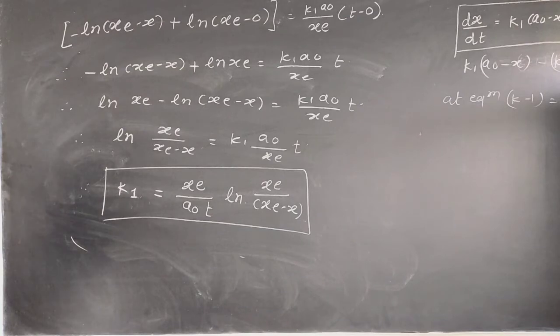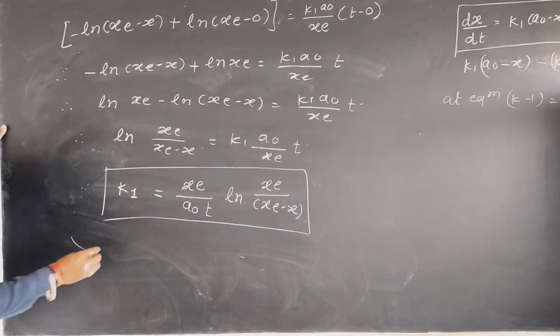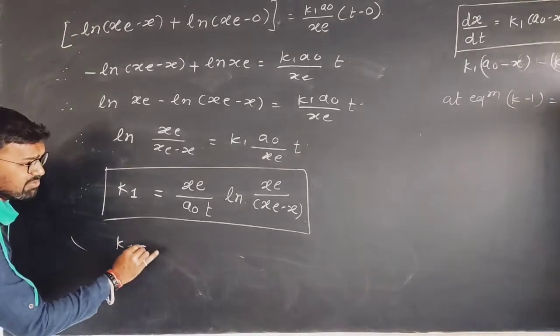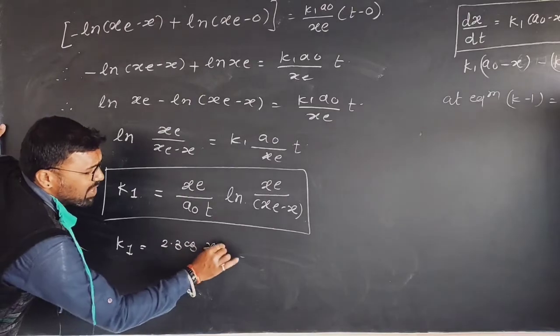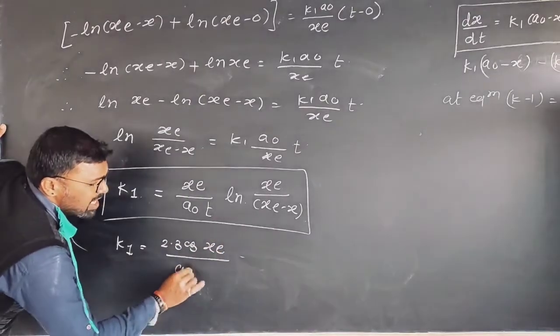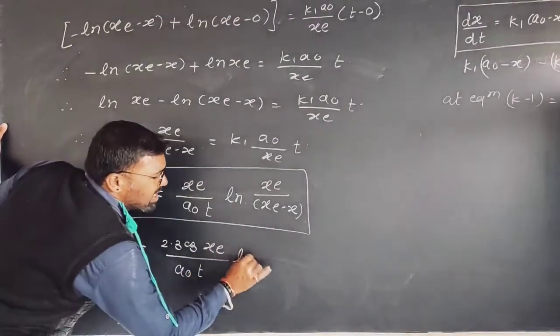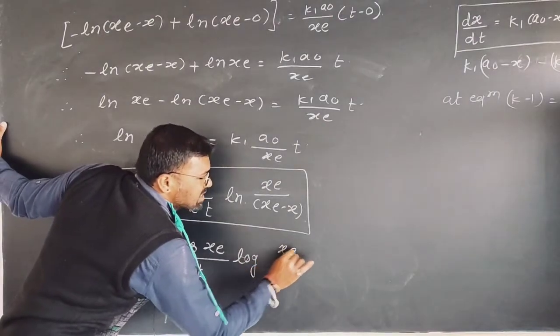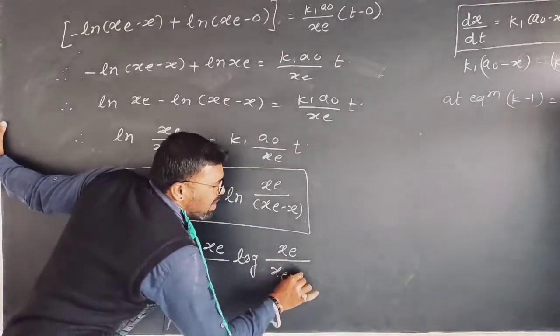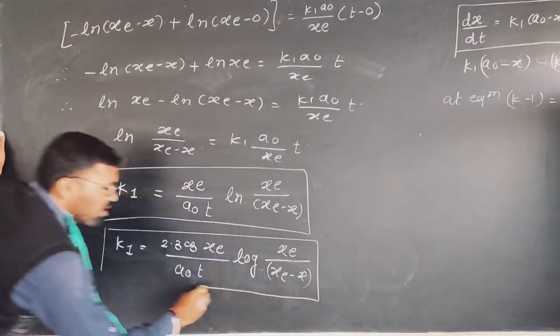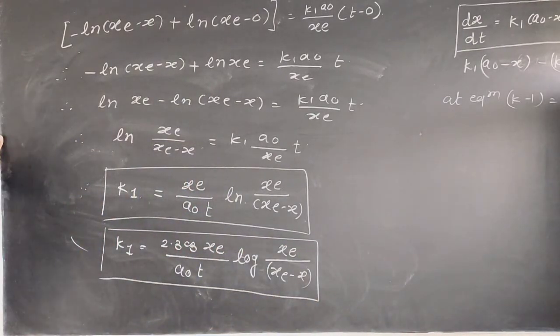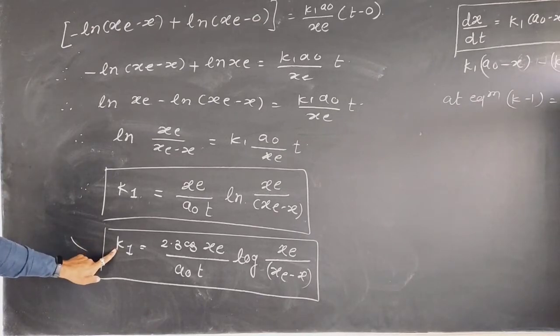If you want to change the format of this equation, K1 is equal to 2.303 into Xe upon A0 into t, logarithm to the base 10 of Xe upon Xe minus X. You can find anything from this equation. This is the rate constant for the forward reaction.